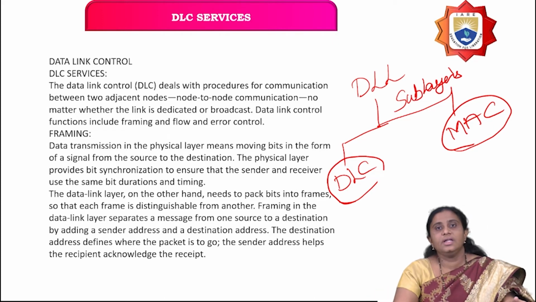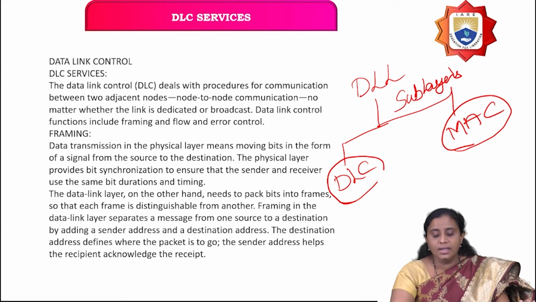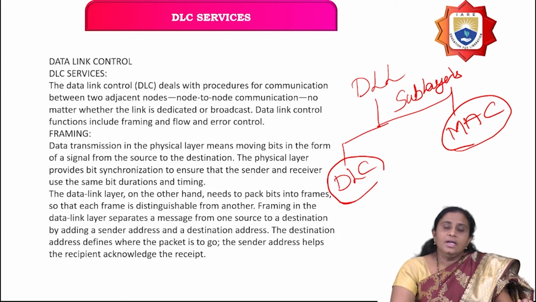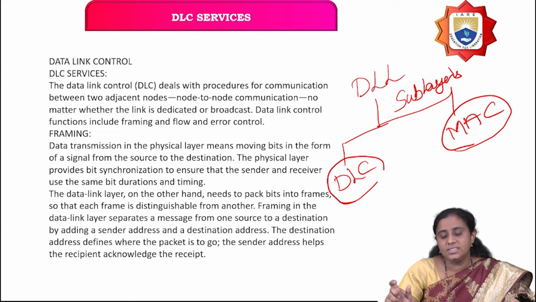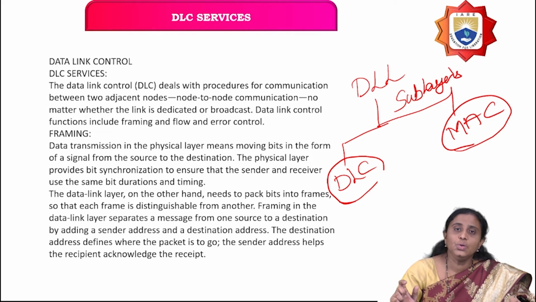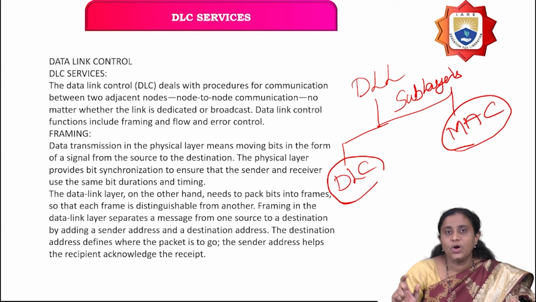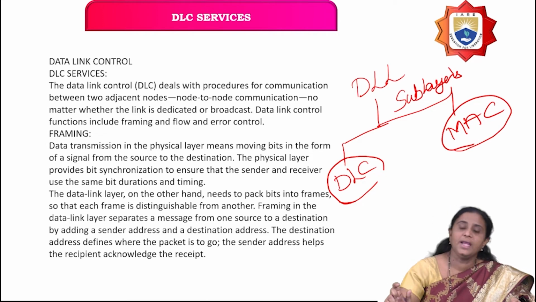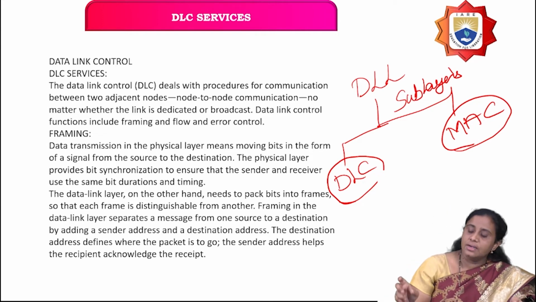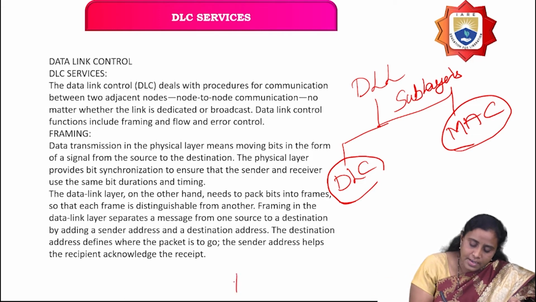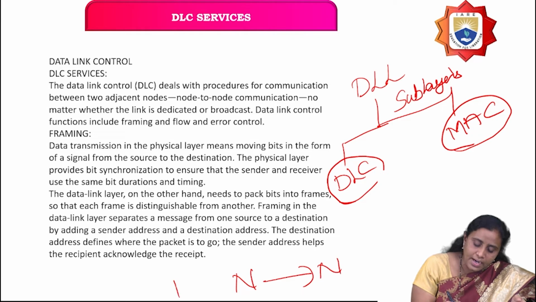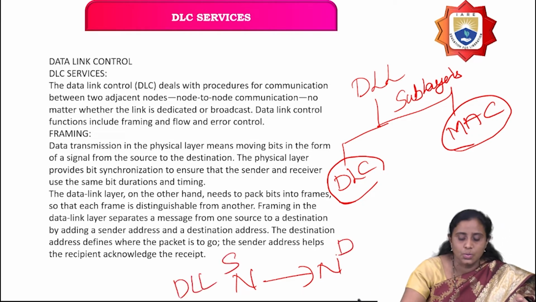Coming to the DLC services of the data link layer, the first part deals with the procedures for communication between 2 adjacent nodes. I need to remind you of one point: as I have already explained, the mode of transmission in the data link layer is from node to node, that is, from one source node to the destination node.